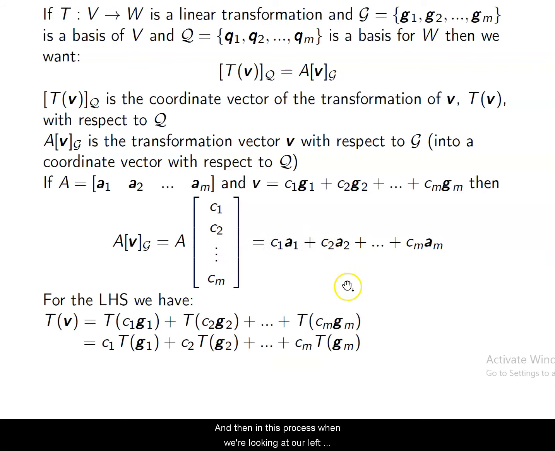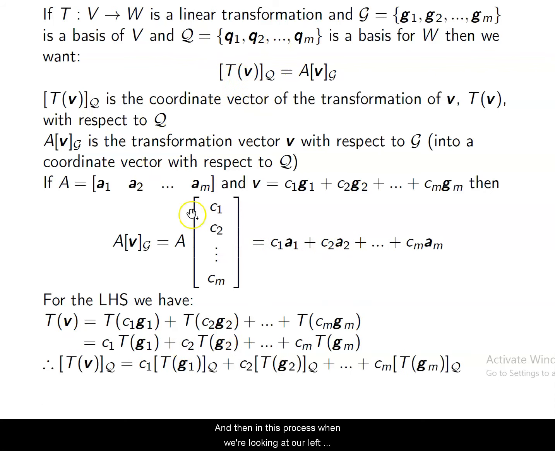Okay, and then in this process, when we're looking at our left-hand side, we equated it to our right-hand side. And we said that each Ai is just a transformation of the basis vector for the basis that I'm in, written in terms of Q, right?